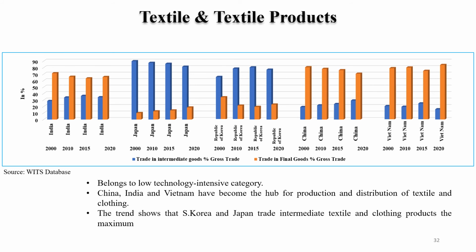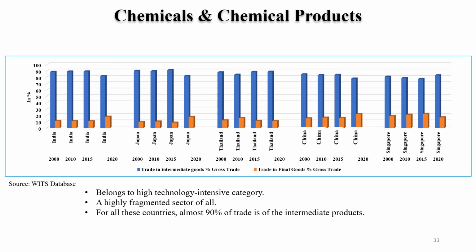As a result, their trade in final goods is much higher, whereas Japan and Korea are mainly exporting textile machineries. In the case of chemicals, we see the trade in intermediate goods is almost as high as 90%.